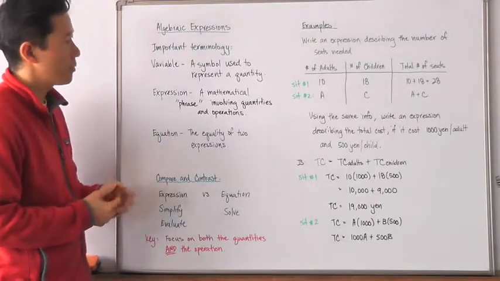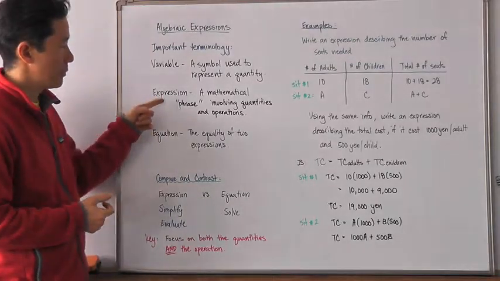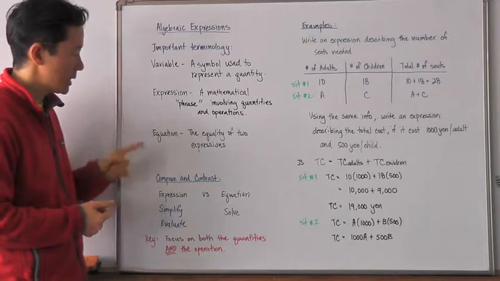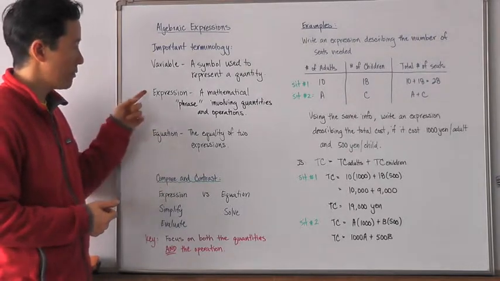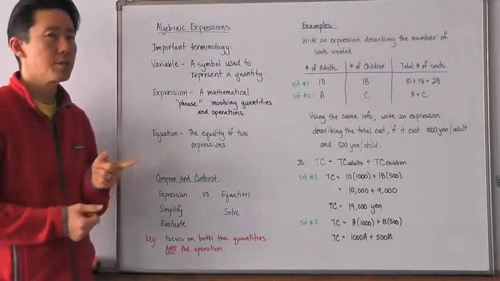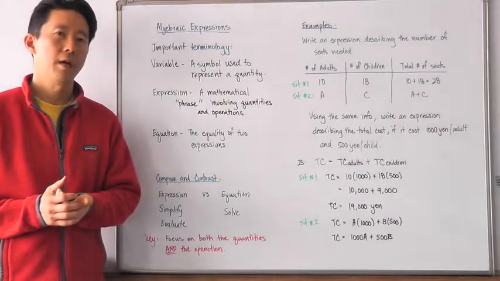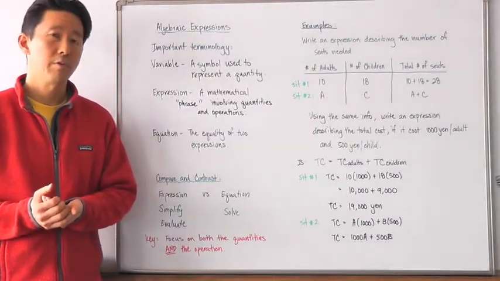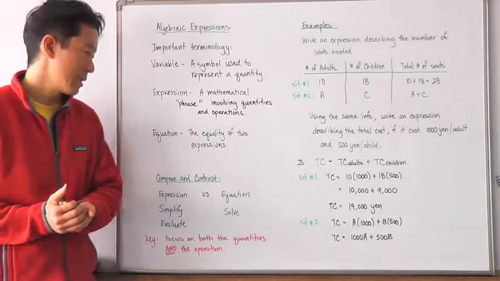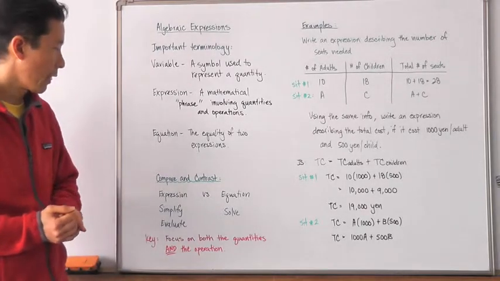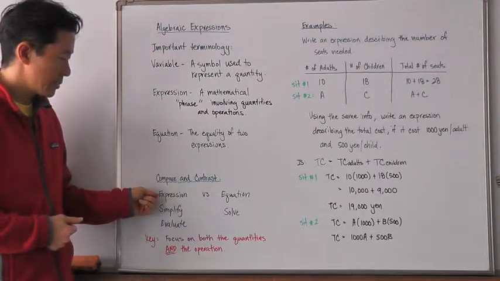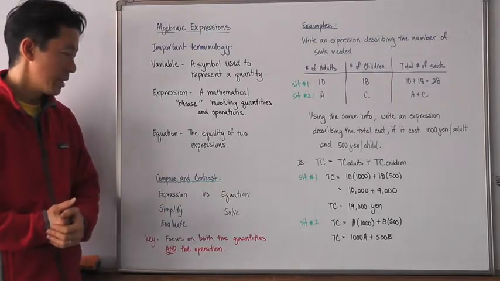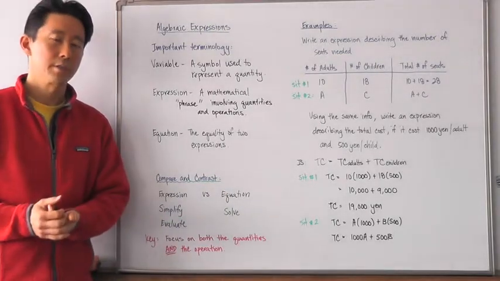So before we actually move into some of this with regards to expressions, let's compare and contrast the difference between expressions and equations, because oftentimes people get confused as to which one you're referring to, and it's very important to know the distinction between the two. So let's compare and contrast expressions versus equations. Now what do you do with expressions?